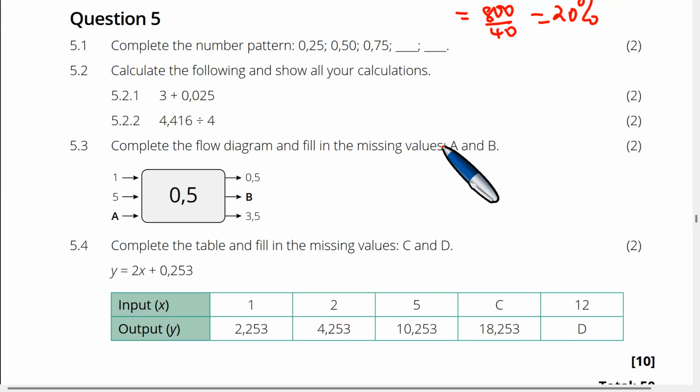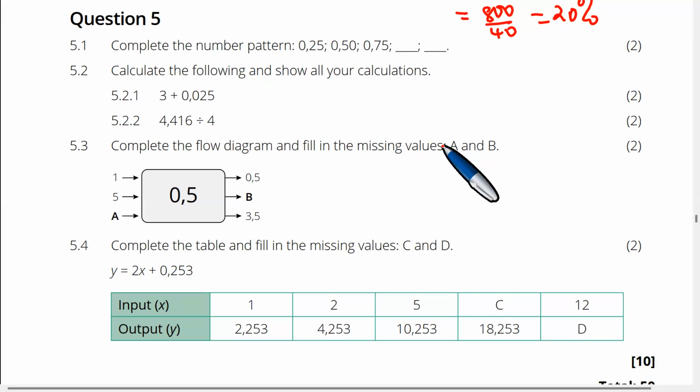That is exactly in 5.1. Let's see what you're getting there. Obviously you need to complete that one.